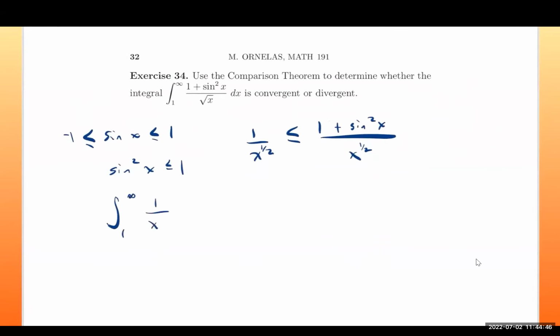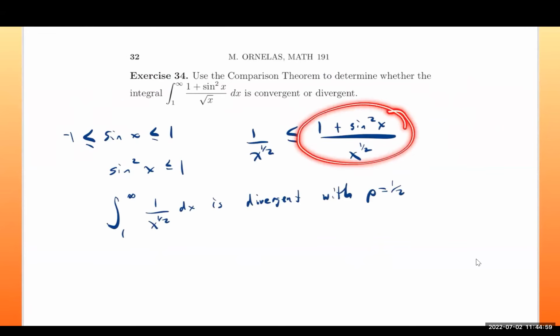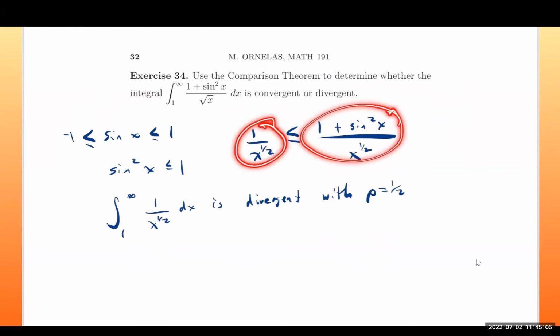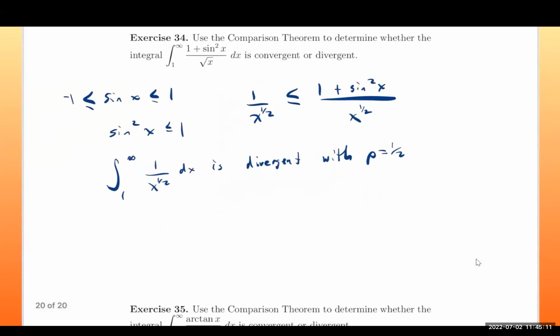So the integral from 1 to infinity of 1 over x to the 1/2 dx is divergent with p equal to 1/2, and therefore the integral of this integrand will also have to be divergent by the comparison theorem, since this is greater than this and this one is divergent. Therefore, this must also diverge by the comparison theorem.